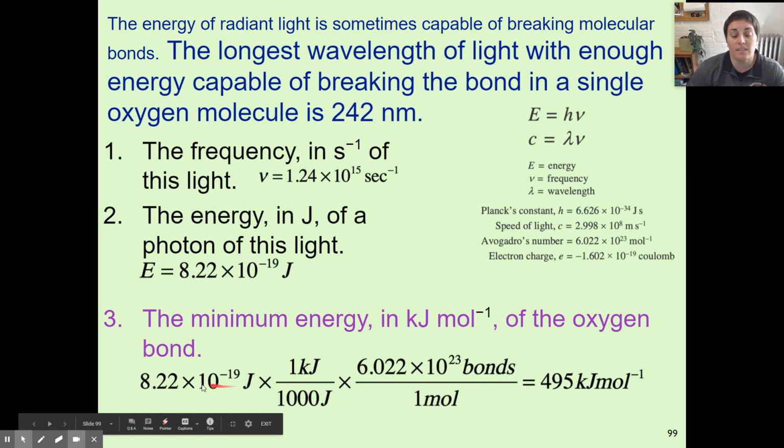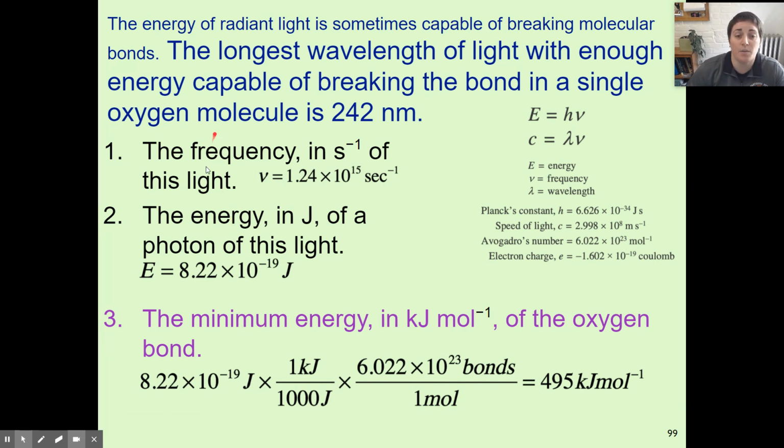Because this is the energy for just 1 bond, but we need it per mole. So after we set that up, we plug it in, we solve, and we get 495 kilojoules per mole of bonds would be the minimum amount of energy required.